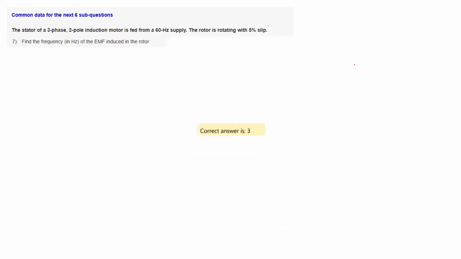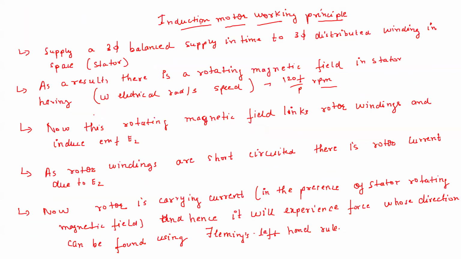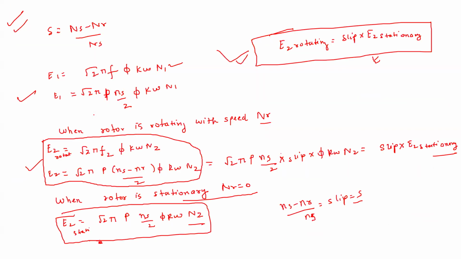Now, frequency of the EMF induced in the rotor. What is the frequency of the EMF induced in the rotor? You will see that it will be S times F, because we saw that. What is F2? Let me go here.